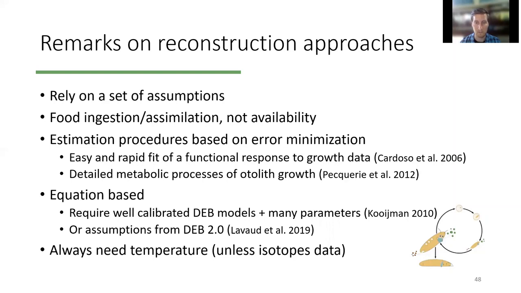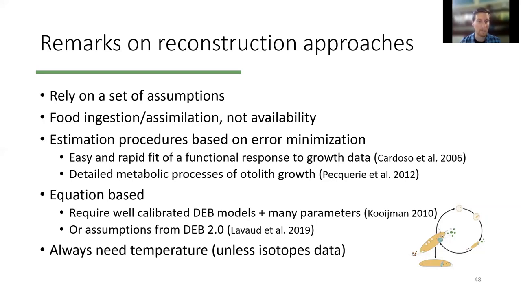These are the first approaches that I mentioned in this presentation. Or in the last example about scallops, this rewriting of the DEB growth was based on the second version of DEB and not the last one, which was published in the 2010 book by Kooijman. So all of them have advantages and inconveniences, if you wish.